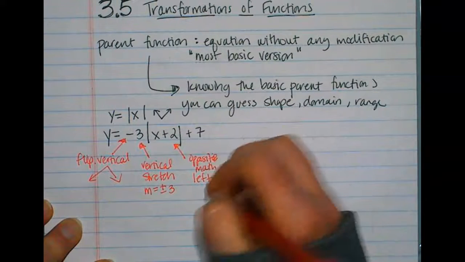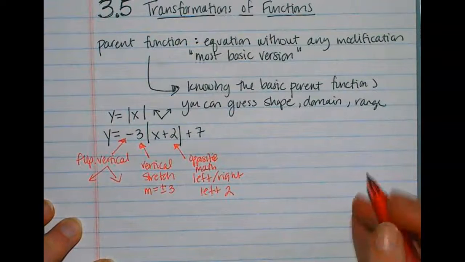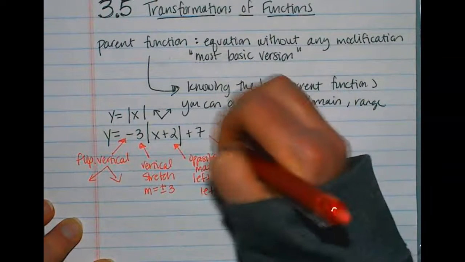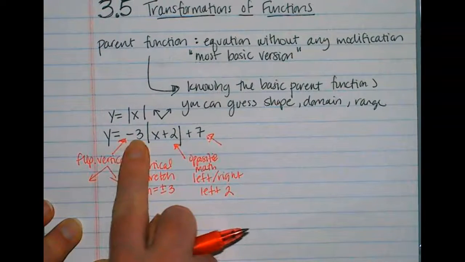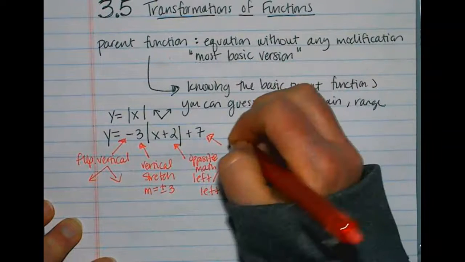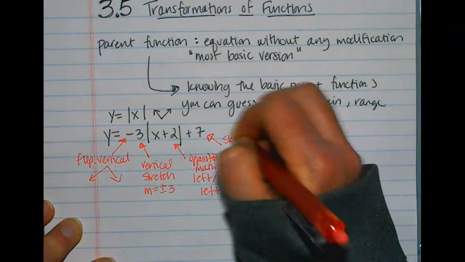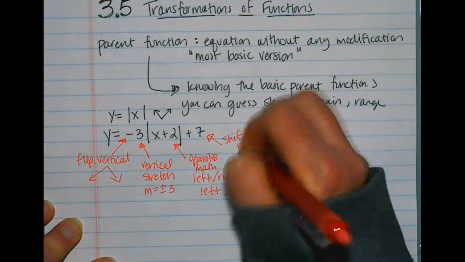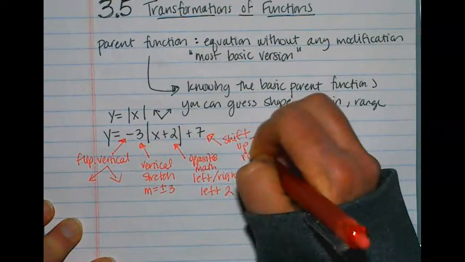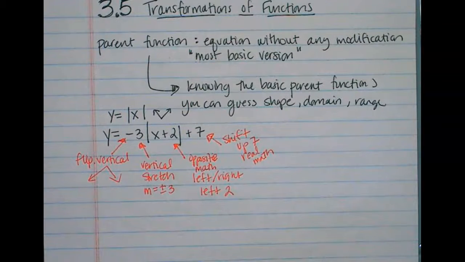So it actually shifts it left 2. And then this number on the outside, again, outside, outside, outside, this number on the outside is the translation up. So this is a shift up 7. It's real math. It's not in parentheses.